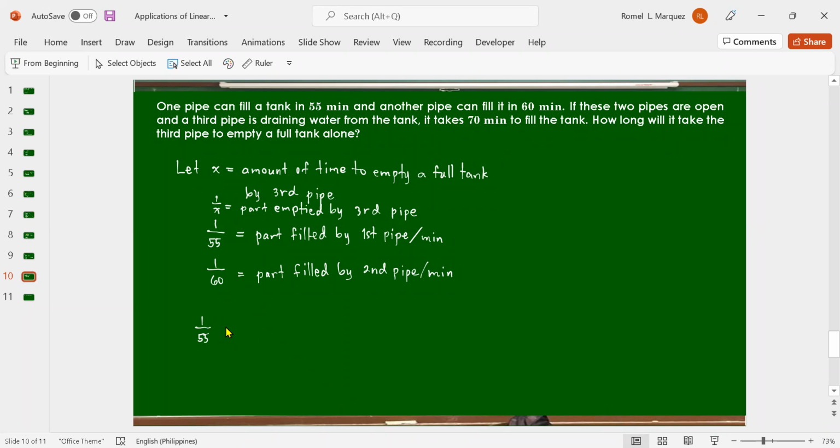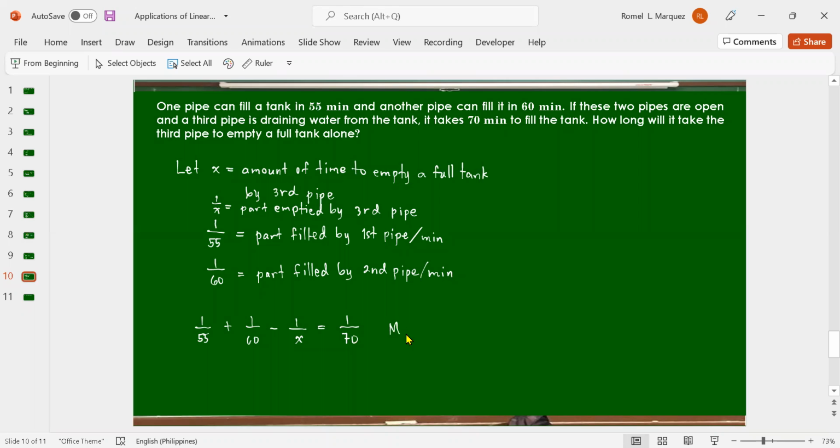So pag tinotal natin, 1/55 plus 1/60, pero yung isa minus kasi dinedrain niya, 1/x. So ano yung part na nalalagyan ng laman? 1/70. Okay? Children?